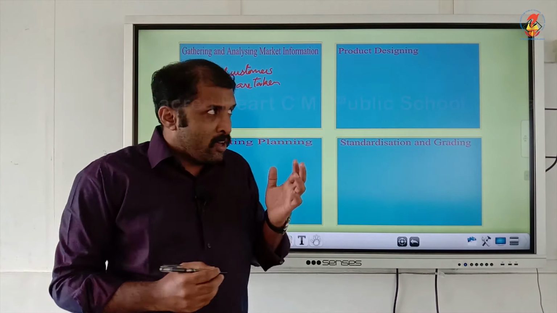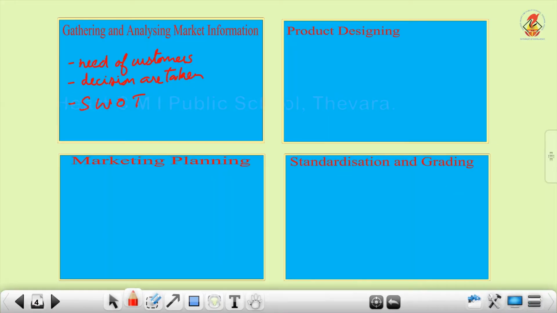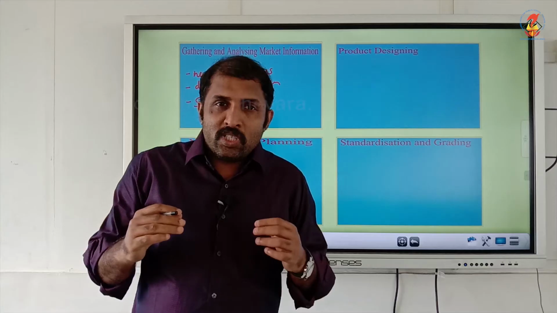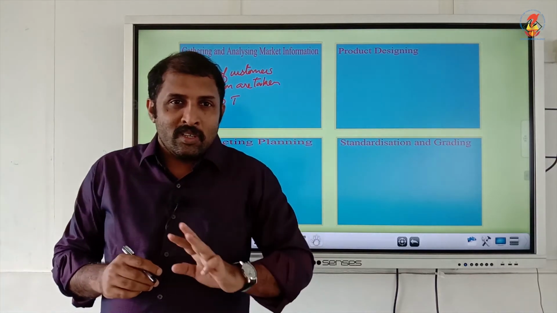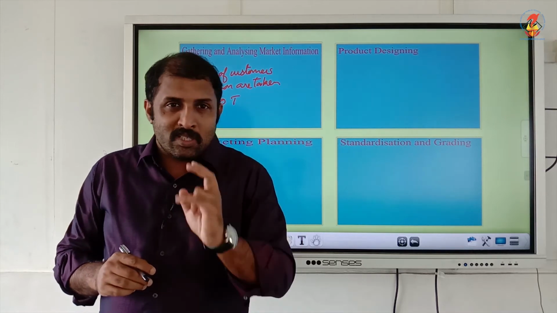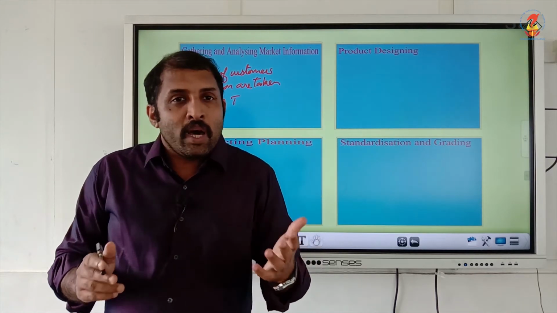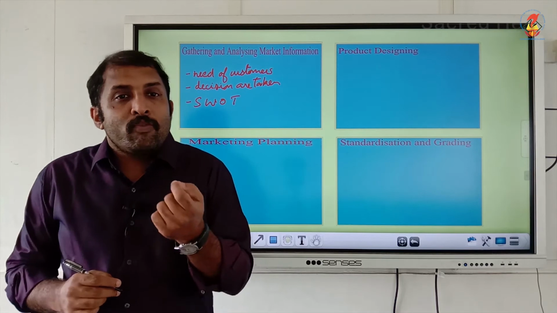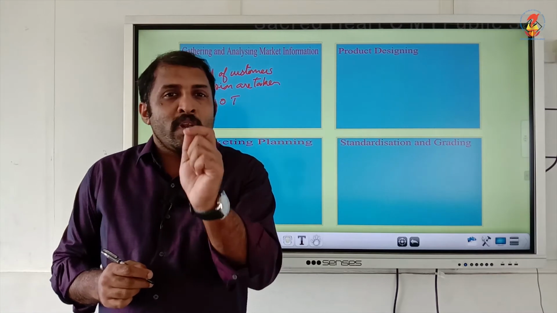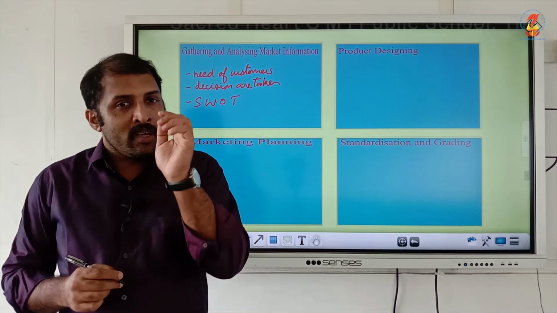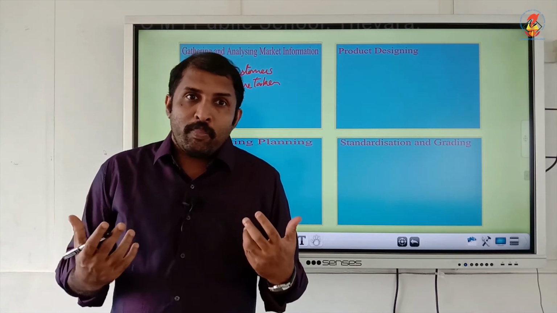We will be able to understand the SWOT: strengths, weaknesses, opportunities and threats in the market, and on the basis of that we can put forward our product, our service in such a way that it fulfills the need of the customer, makes them purchase the product, makes them satisfied, and for us to fetch a profit.